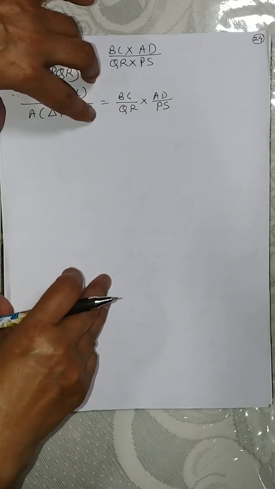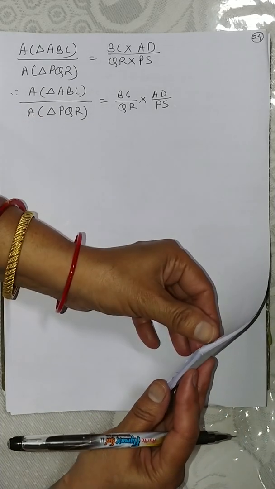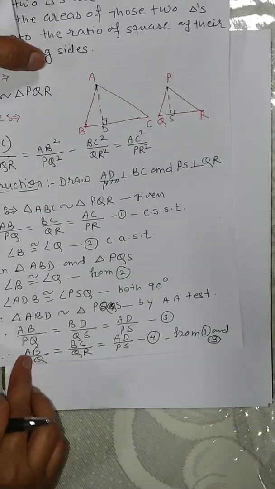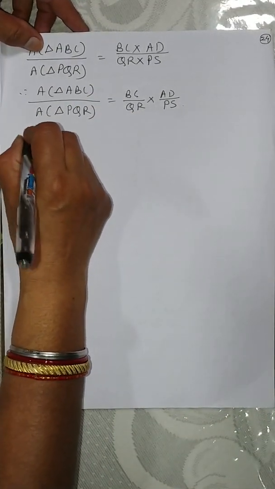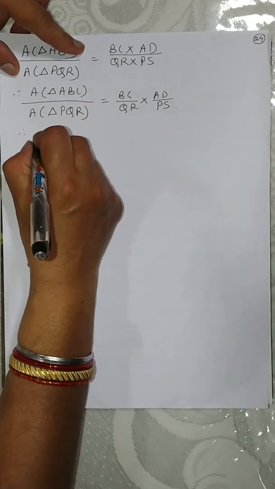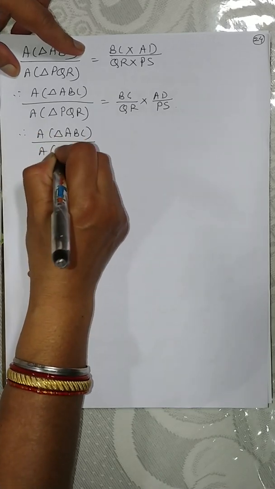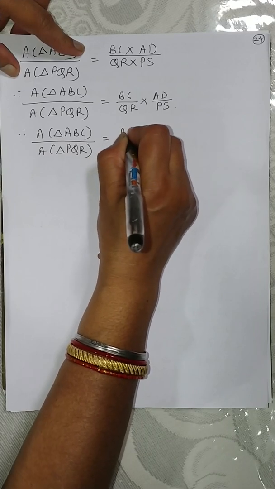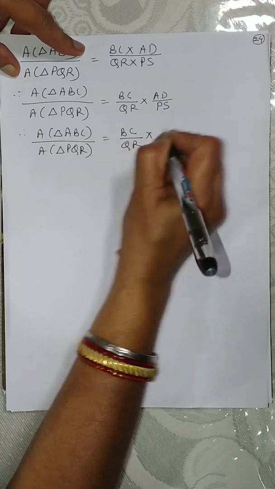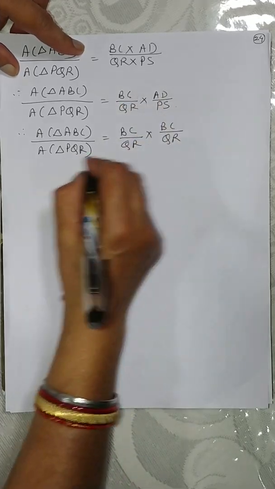Now in the fourth statement we get all these ratios are equal. Here AB upon PQ is equal to BC upon QR is equal to AD upon PS, and therefore area of triangle ABC upon area of triangle PQR, it is equal to BC upon QR into again BC upon QR, because these are equal ratios.